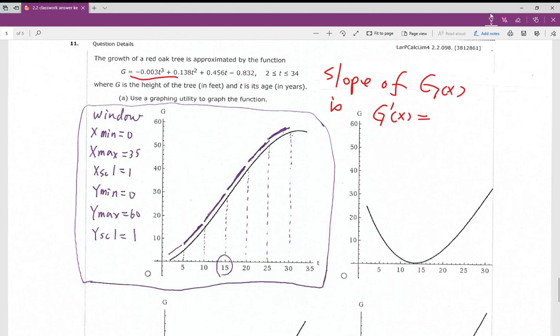I can just mentally calculate for you. You have 3 times the coefficient, 2 times the coefficient, 1 times the coefficient, and 0 times the coefficient, which becomes 0. So you have negative 0.009t squared.